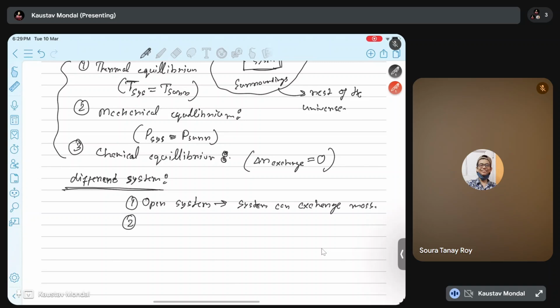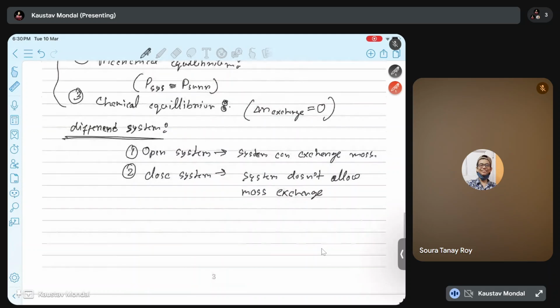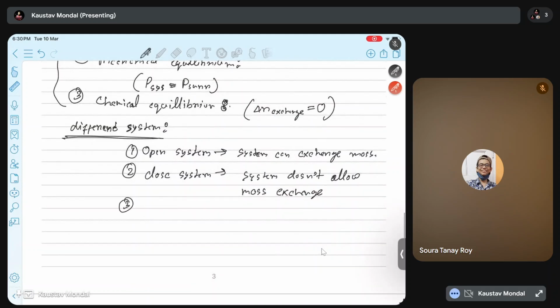Second is the closed system. Closed system means the system does not allow mass exchange. Third is the insulated or isolated system.